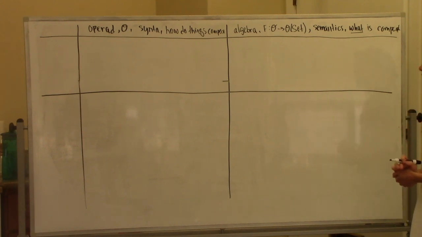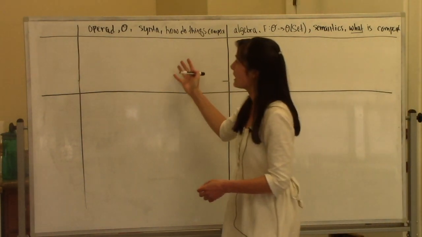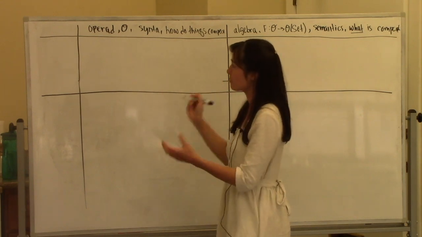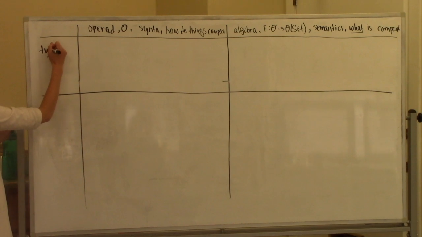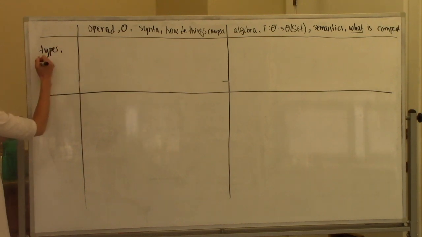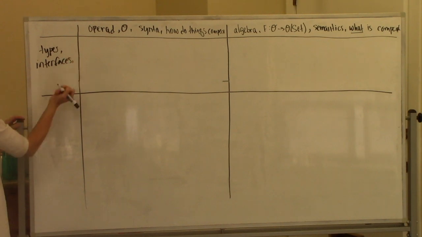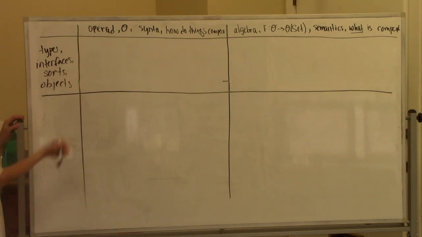What the math does is make a really nice, clean separation between them, which turns out to be really helpful. So an operad is made up of two different parts. The first is what you might call types, or, when we're thinking about systems, the interfaces of systems. Some people also call these sorts or objects. The second component: types tell you about one thing, but we also care about many things together.